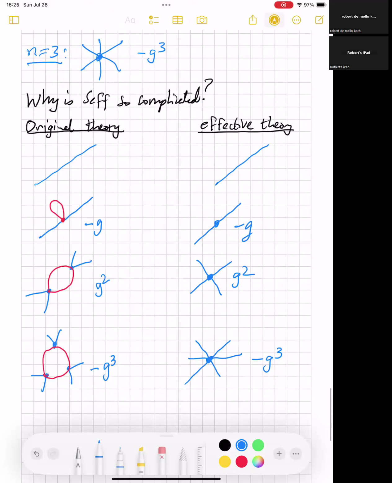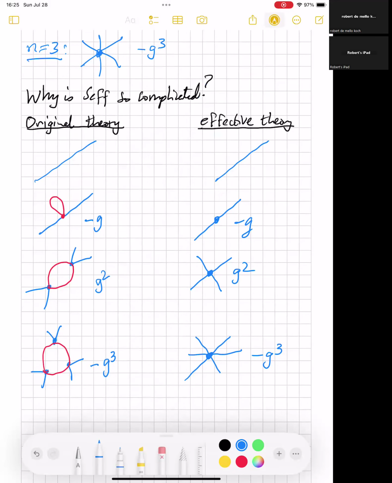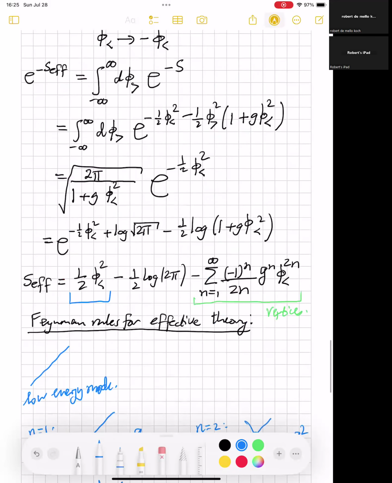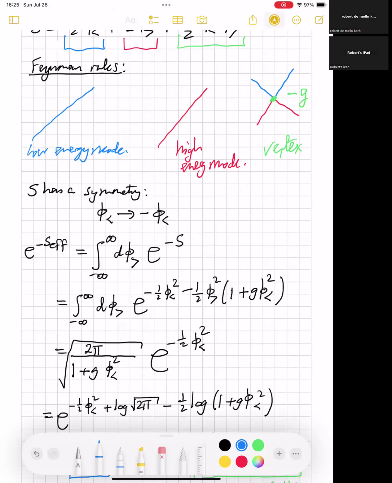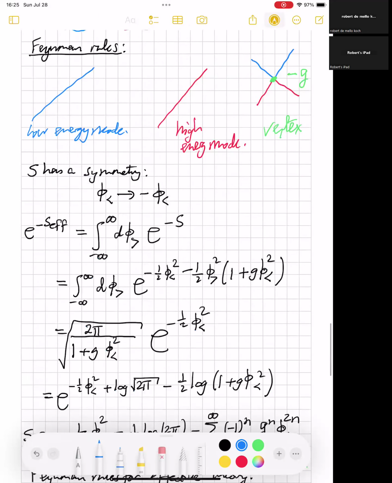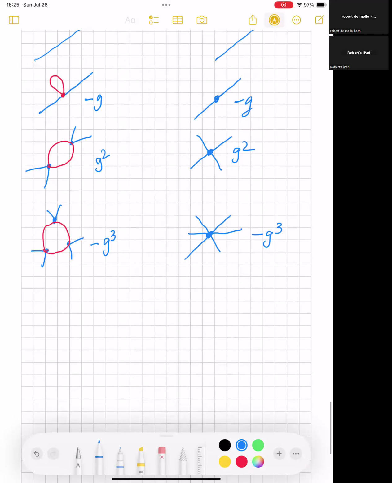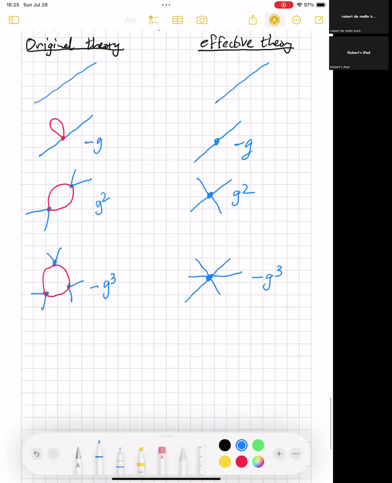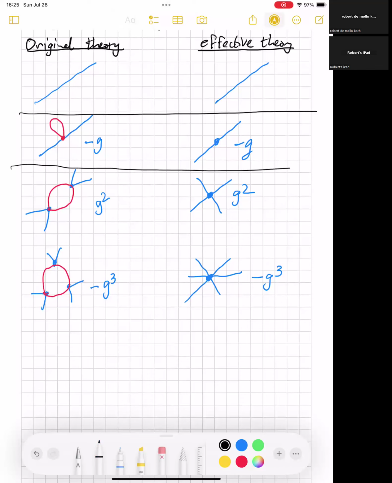Okay, so what we see in the original theory, we had two fields and only one kind of vertex that allowed the two fields to interact. In the effective theory, we are inventing more and more vertices, and these are just invented to take into account the interactions that would have been generated by exchanging the high energy modes.